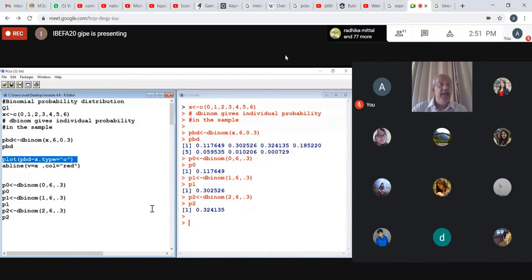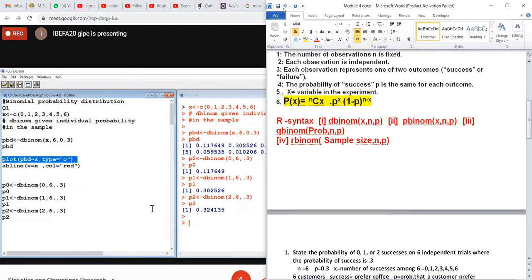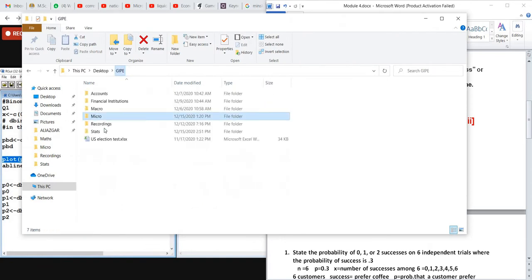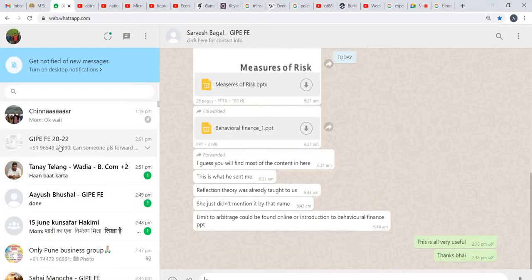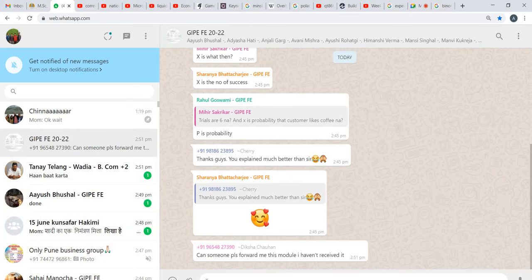Plot probability, curly x, and type in quotation "o". O stands for marking on the graph; probability should be marked. Not 0, it is small o.